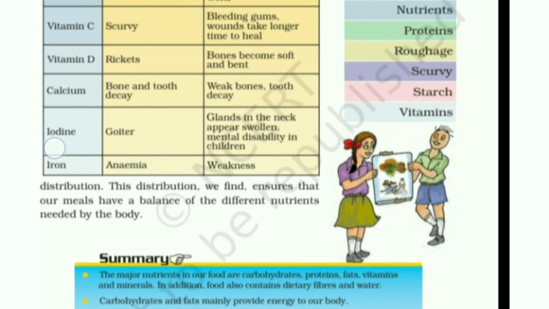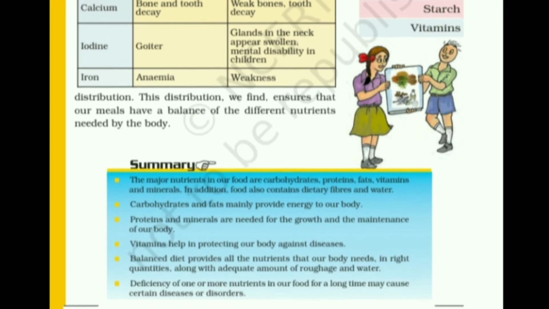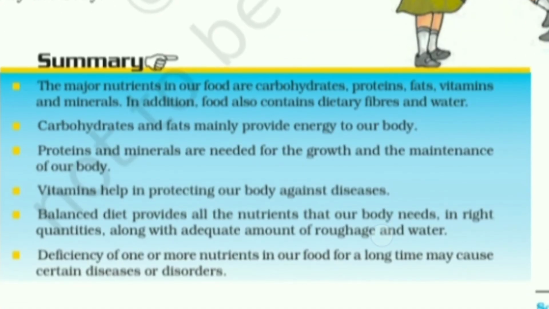So the symptoms will be weak bones and tooth decay. Iodine deficiency causes goiter, where glands in the neck appear swollen, and mental disability in children. Iron deficiency causes anemia and weakness.